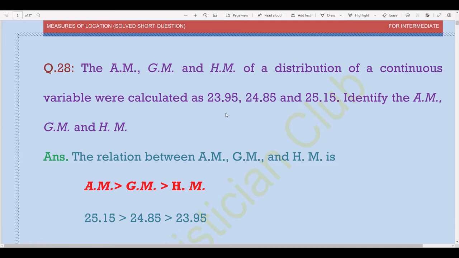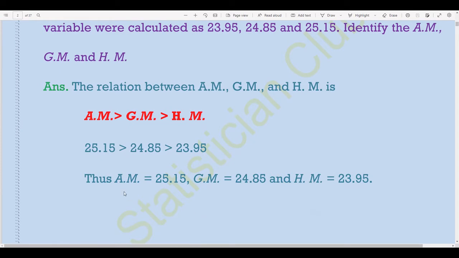So we write 23.95 here. So our arithmetic mean is equal to 25.15, geometric mean is equal to 24.85 and harmonic mean is equal to 23.95.